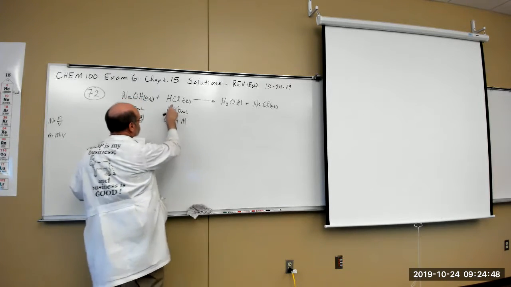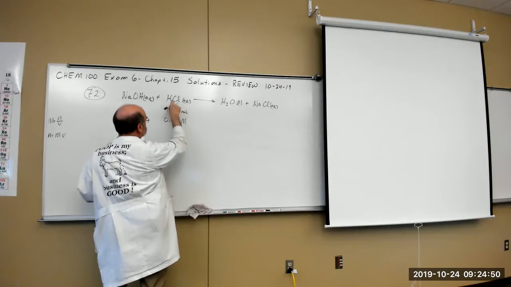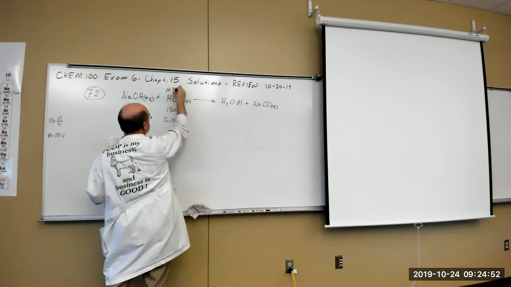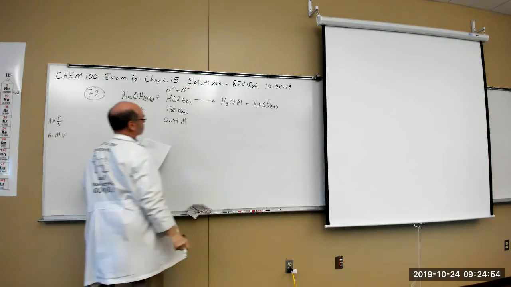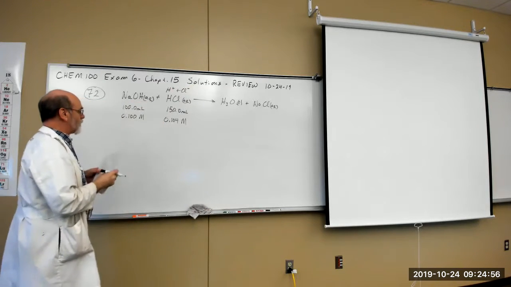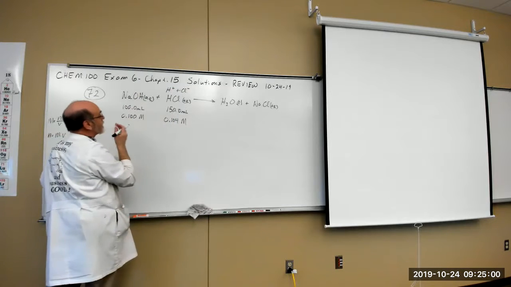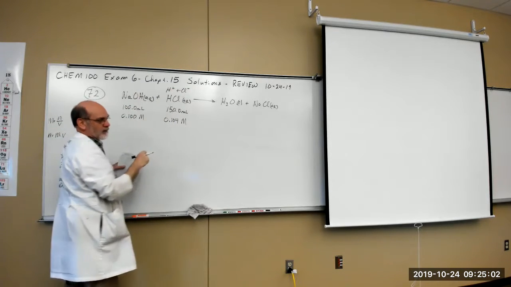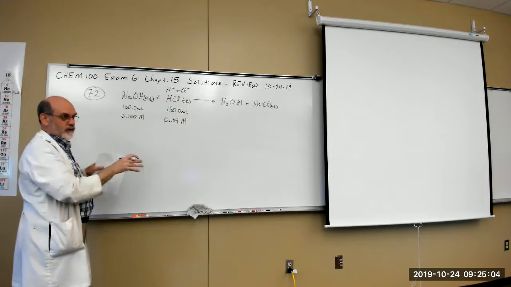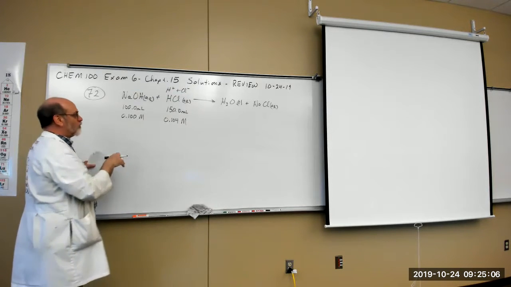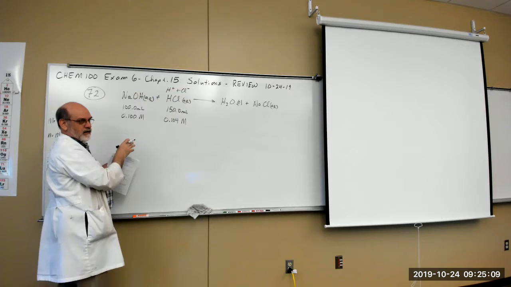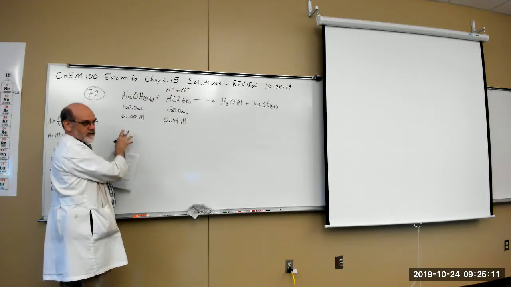So this is in solution, this is actually that plus that. So what we have to do is find out how many moles of this, how many moles of that. And since they're 1-to-1, if it's stoichiometric, they have to be equal. But if one of them is bigger, then that's the one that's excess.